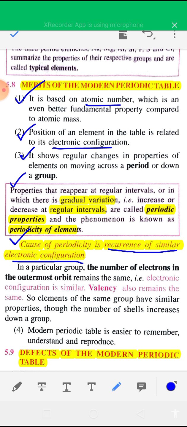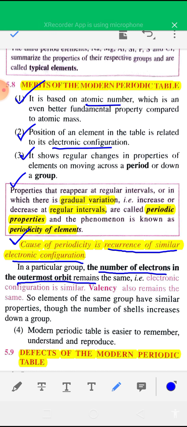In a particular group, there are total 18 groups, and in each group the number of electrons in the outermost orbit remains the same. Okay, the number of electrons in the outermost orbit in a particular group remains the same.